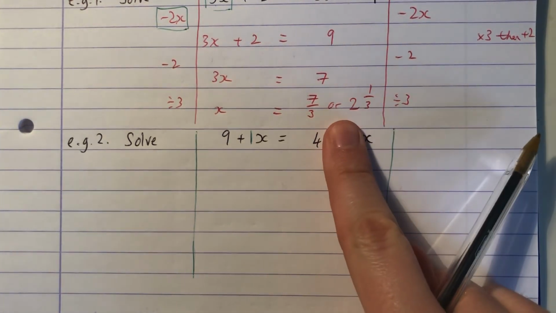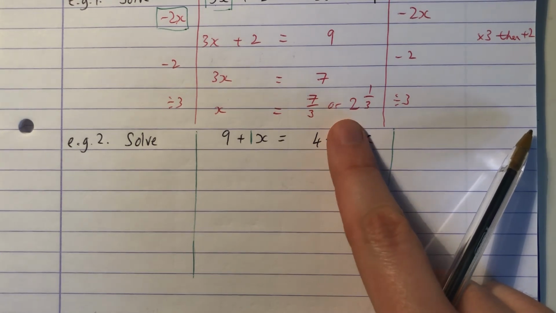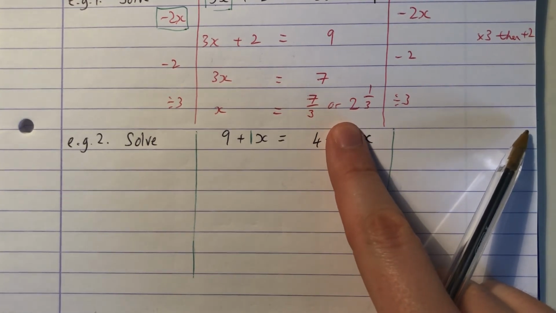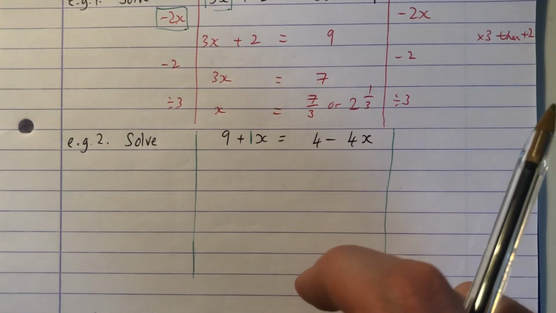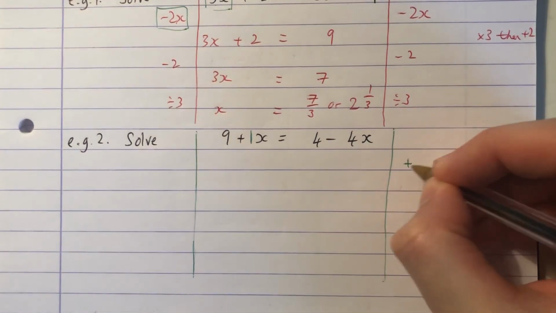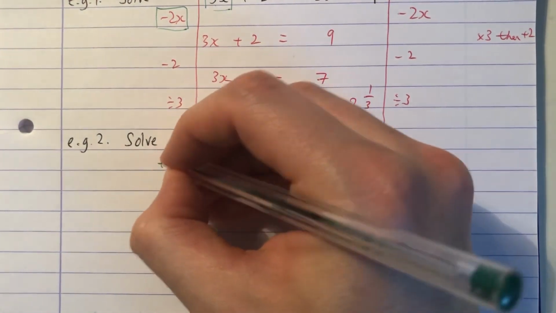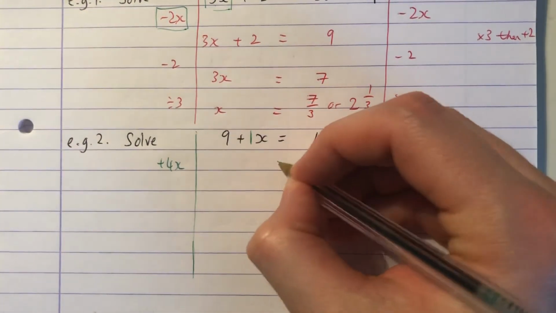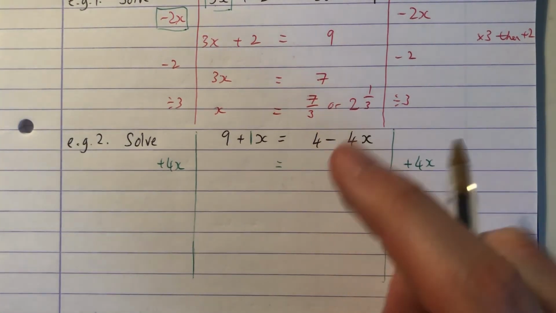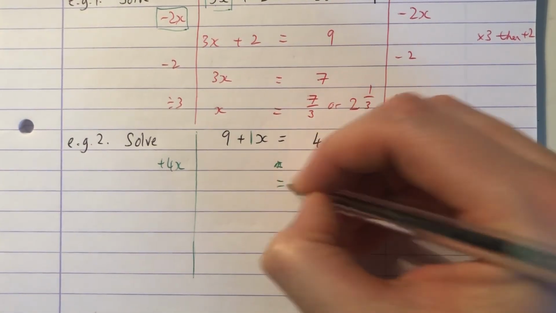How on earth can you remove that negative 4x? Okay, you want to do the opposite of subtracting 4x, which is adding 4x. Wherever the operation is, you do the opposite, because then that makes that disappear. So that's just 4.